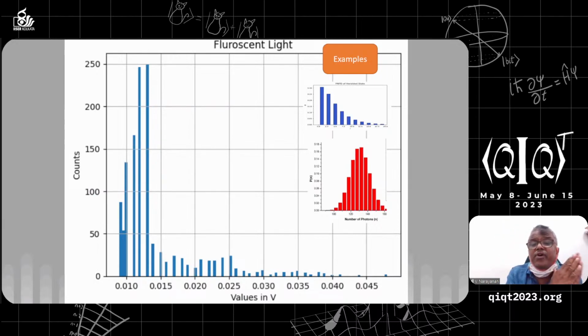So one has to convert the output voltage in millivolts and the number of events acquired into the photon number probability. This is again ongoing work. Even this can be introduced at a master's level if someone is interested, because it gives a good idea of how to handle or visualize a Fock state or even a Gaussian distribution.